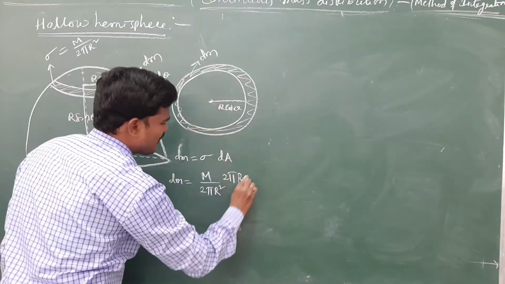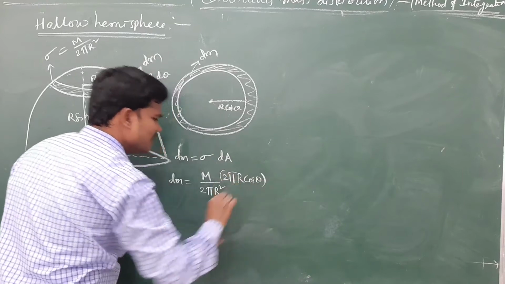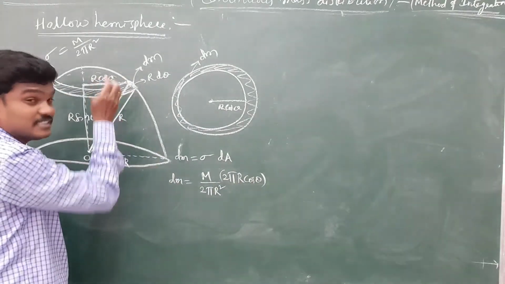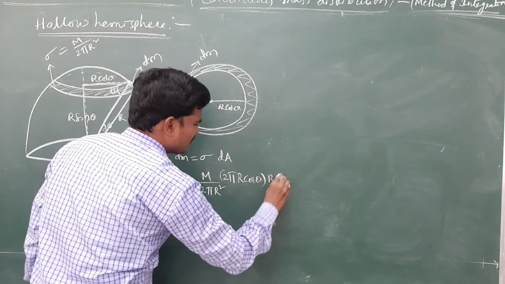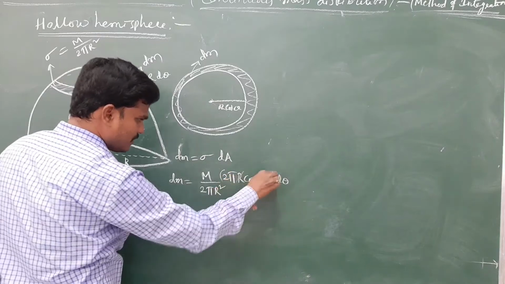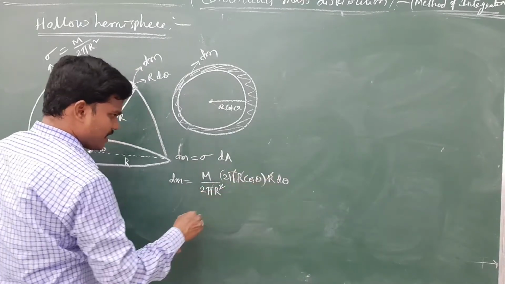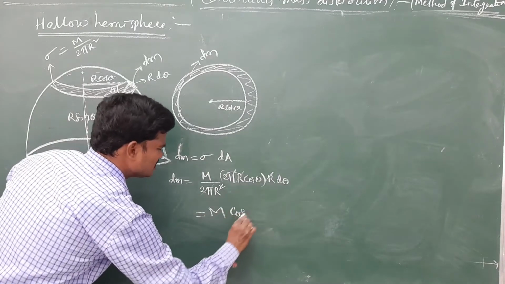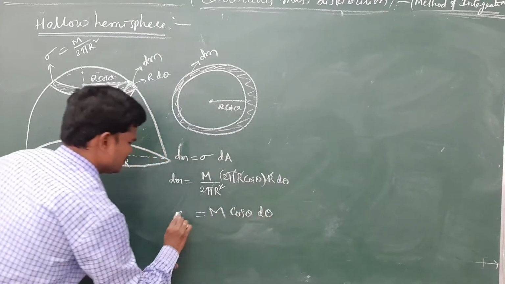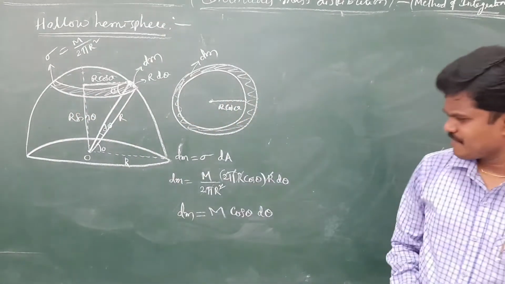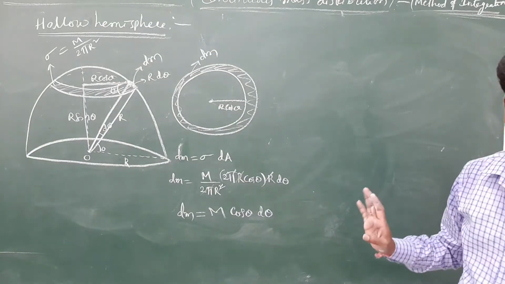So 2 pi r cos theta into the thickness. The thickness is r d theta, the arc length. So r d theta. If you strike off these things, r square, pi cancel, 2 cancel, then you get only m cos theta d theta. See, this is the dm part. dm is m cos theta d theta.